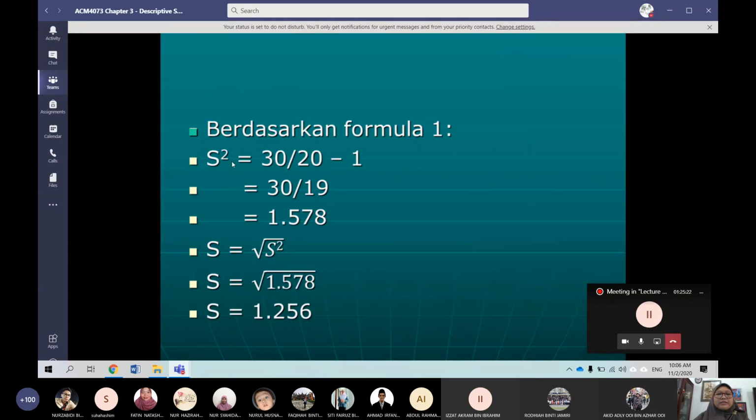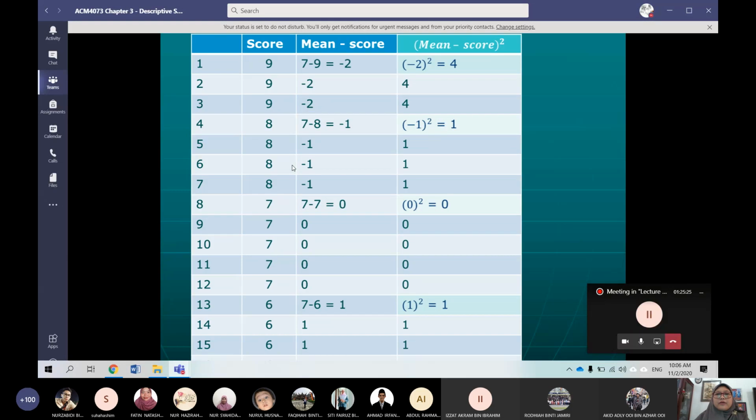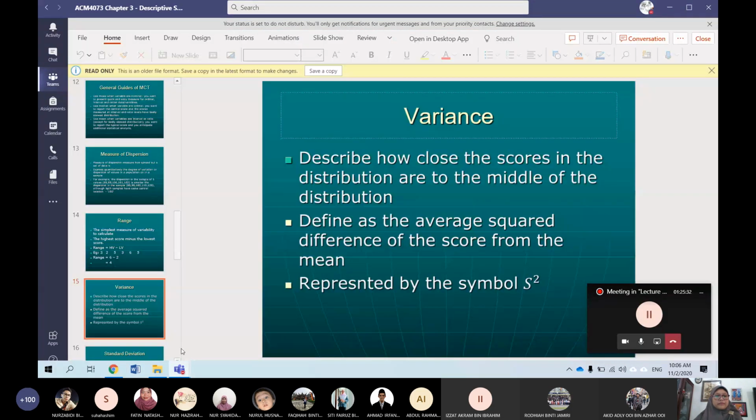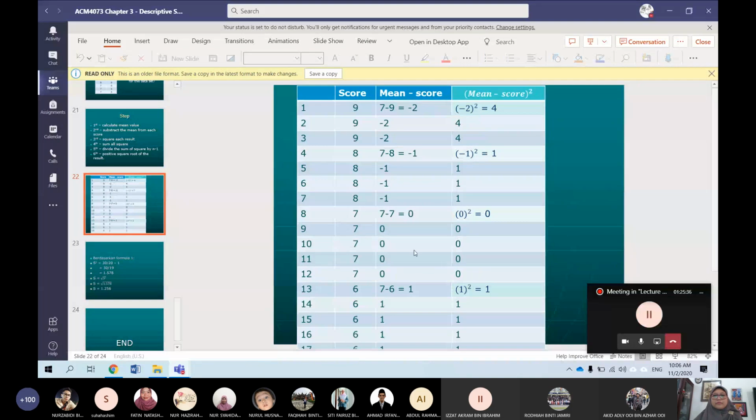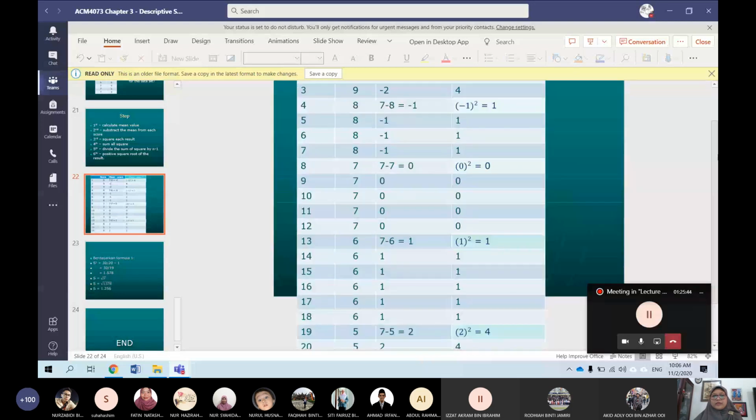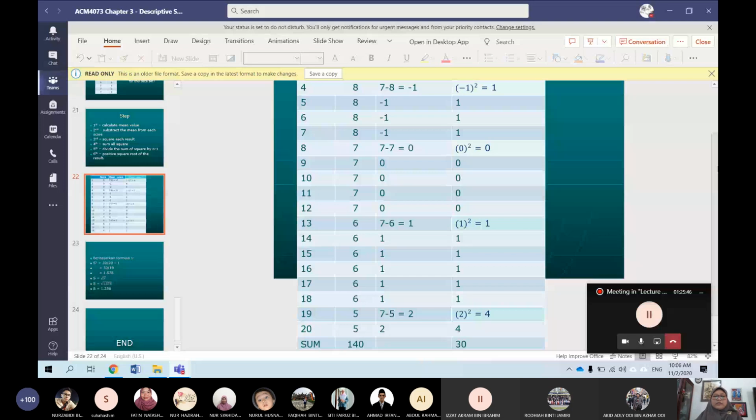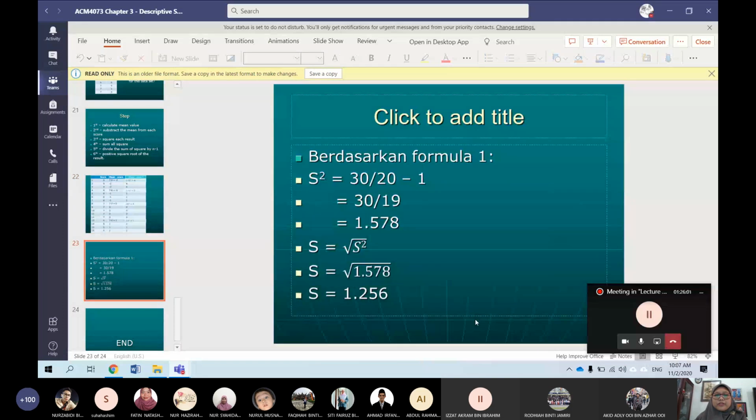Then for S2, we cannot see this slide. Okay, you can see from the bottom. Can you see the bottom? 140, and the sum of squares is 30. Yes, the sum of squares is 30.